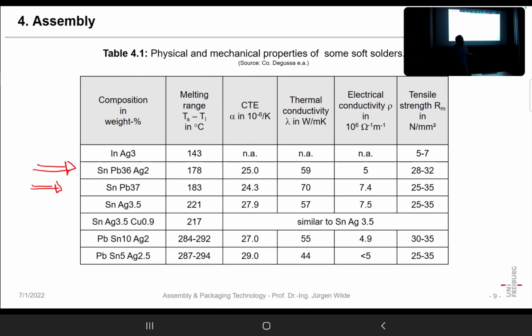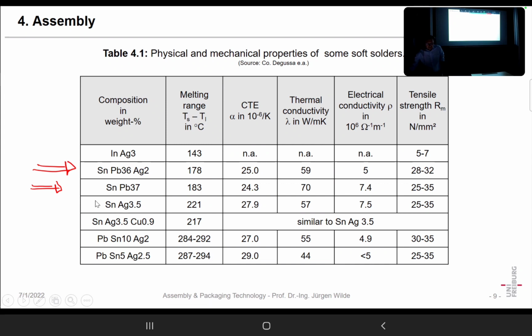So you must keep in mind the devices, for instance, the molded devices, were designed to be soldered at 180 degrees centigrade, or better, maybe 200 degrees centigrade, because soldering temperature always must be somewhat higher than the melting point of that solder.